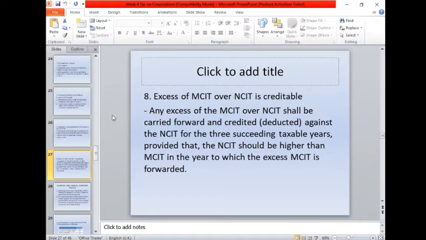Okay, the excess of the MCIT, if the MCIT should be higher in the year to which the excess of the minimum corporate income tax is forwarded.